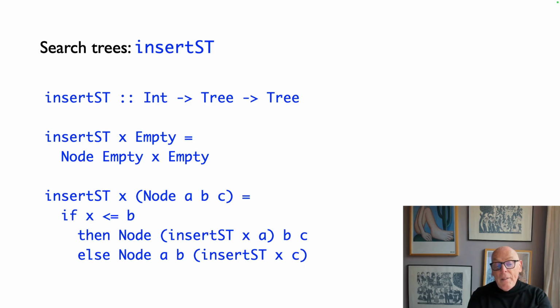If, on the other hand, we have a node which is not empty, so the value held at it is b, then if x is smaller or equal to b, we insert x in the subtree to the left. If it's not, we insert x in the subtree to the right. So you can see this recursion is handling every possible case. If it's smaller, you insert in the left subtree. If it's larger, you insert in the right.